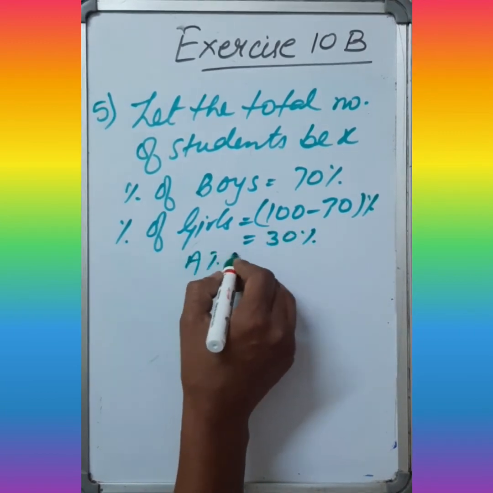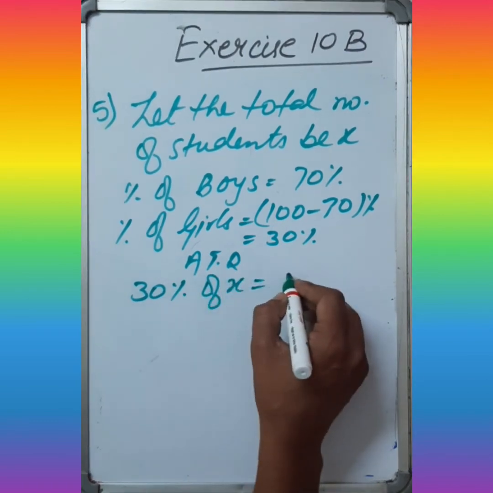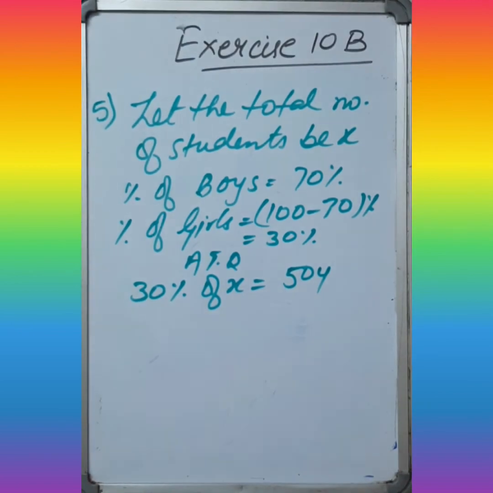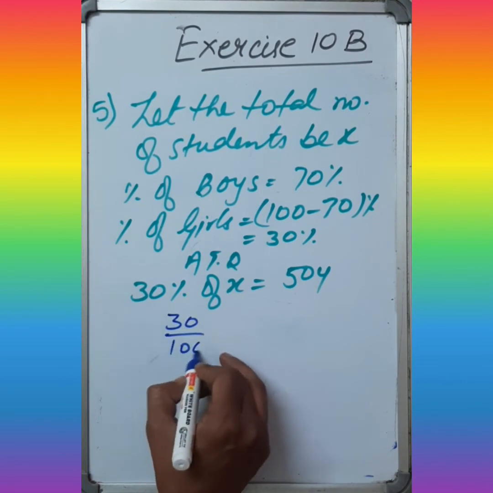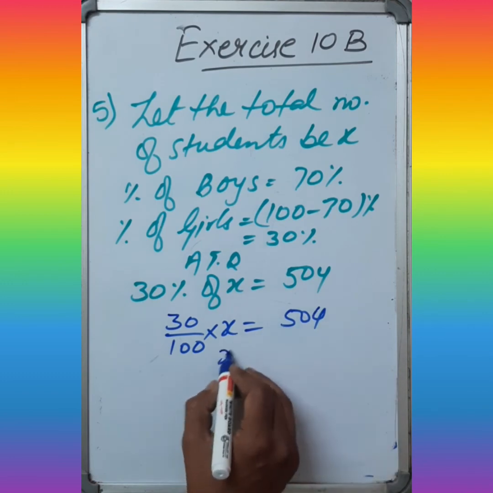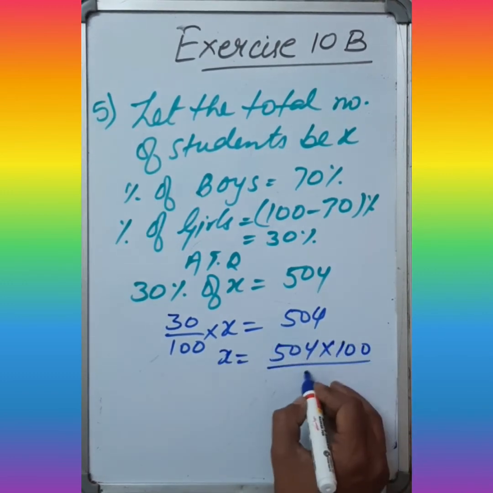Now ATQ, 30% of the total will be the girls, and the number of girls is 504. By this method we can easily find the value of x, that is the total strength. So 30 upon 100 into x equals 504. X equals 504 into 100 upon 30.